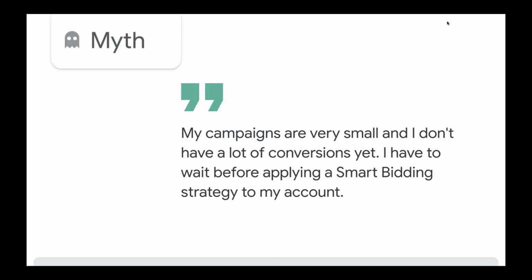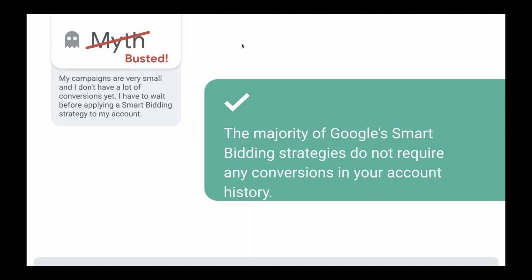Transitioning to a couple of myth busting things here, just to get them out of the way. If your campaigns are too small or you're starting with 0 conversions, as Seb mentioned before, you actually don't need any conversions to start with target CPA, maximize conversions, or maximize return value.